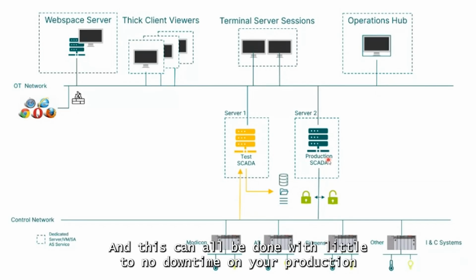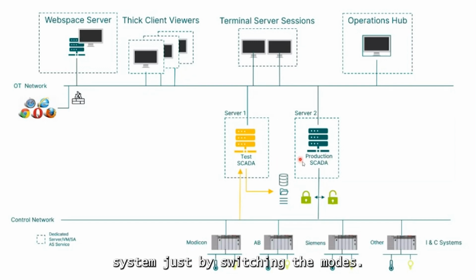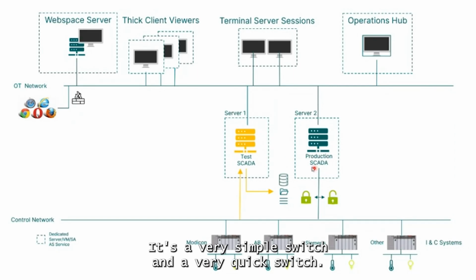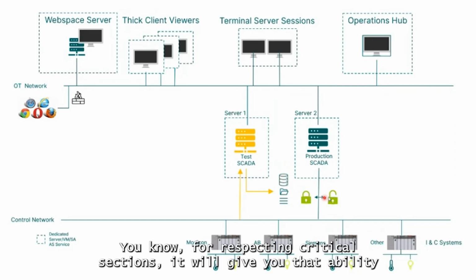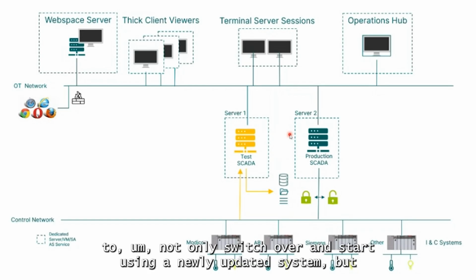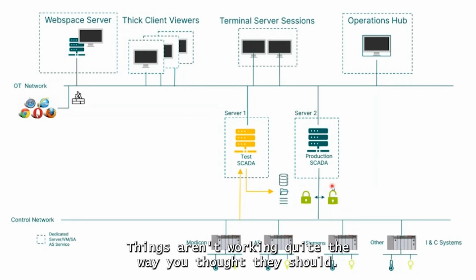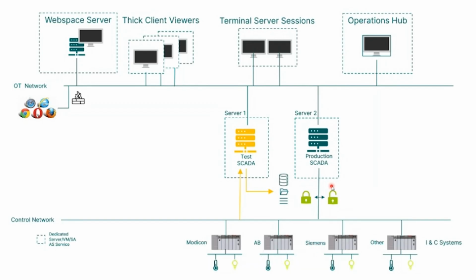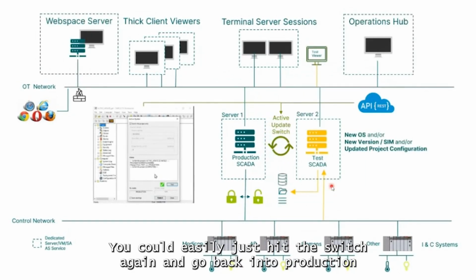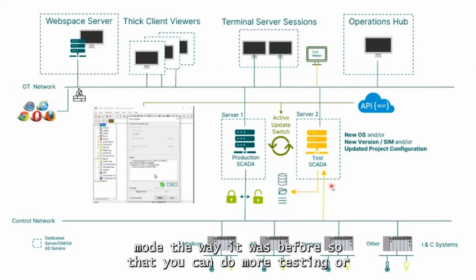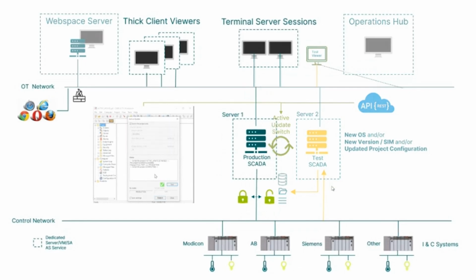And this can all be done with little to no downtime on your production system. Just by switching the modes, it's a very simple and very quick switch, respecting critical sections. It will give you the ability to not only switch over and start using a newly updated system, but if after this switch you discover that things aren't working quite the way you thought they should, you could easily just hit the switch again and go back into production mode the way it was before, so that you can do more testing or fixing on your test server.